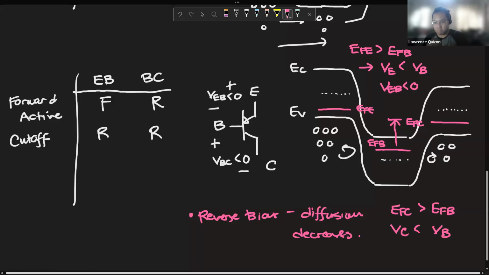Which tells us that VCB is less than 0 here. So remembering what the energy band diagram looks like for cutoff allows us to remember what the required DC voltages are to achieve cutoff. So anyone have any questions about cutoff?